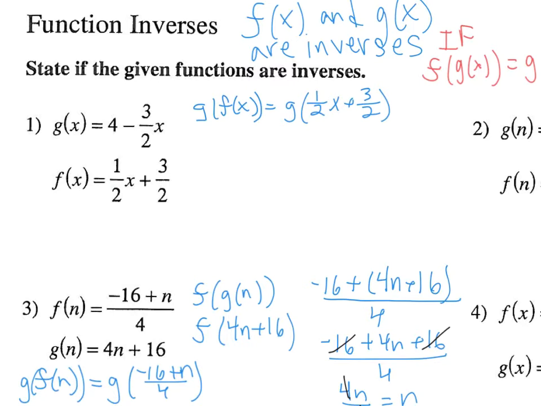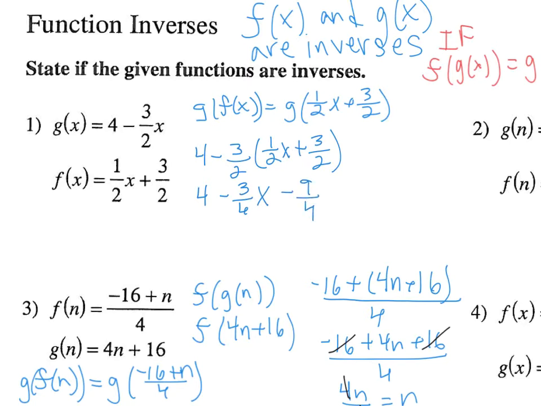So that is 4 minus 3/2 times all of that. And so we'll see what that simplifies to. That's going to be 4 minus 3/4 x if I distribute, minus 9/4.